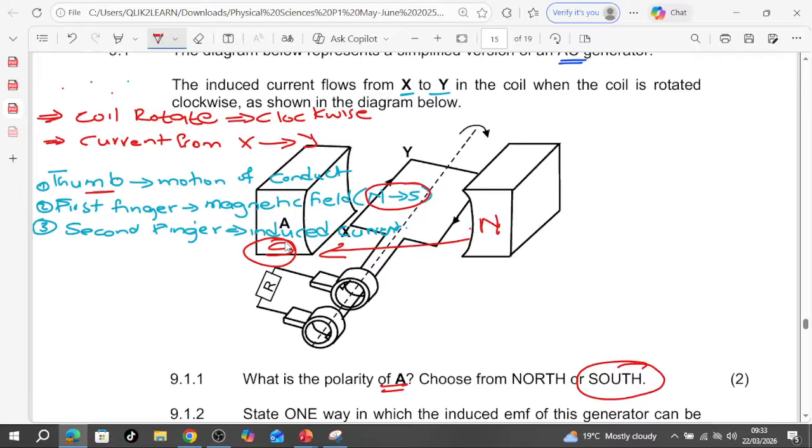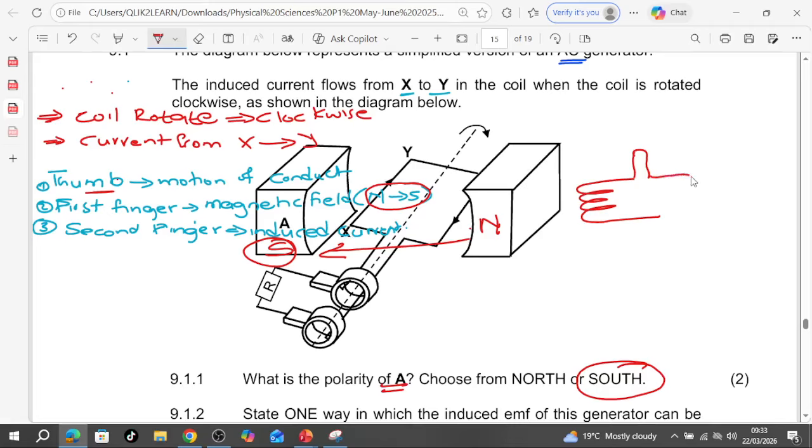So when we use the right-hand rule, your thumb will give us the motion of the conductor. Your thumb will be pointing out of the page. Let's try it.